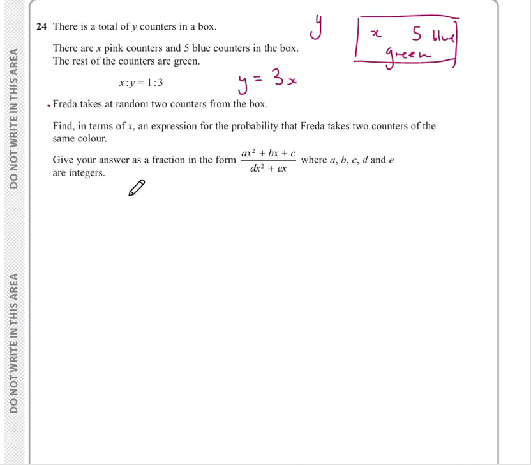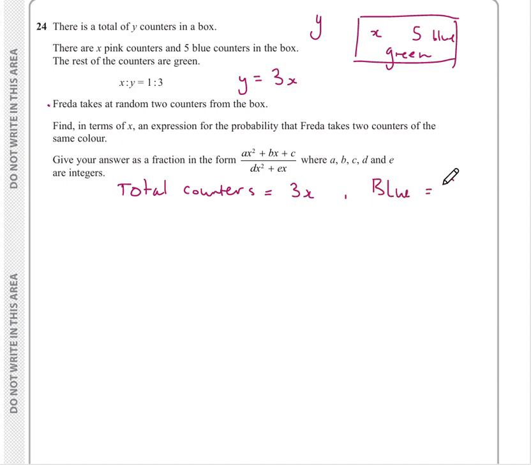Okay, so let's have a little bit of a think. We've got 3 colours of counters, haven't we? And we need to think about the probability of pink, pink, blue, blue, or green, green. So let's get organised. The total counters in the box is y, which we know is equal to 3x. So if we can put them all in terms of x, that would be useful. We know there are 5 blue counters.